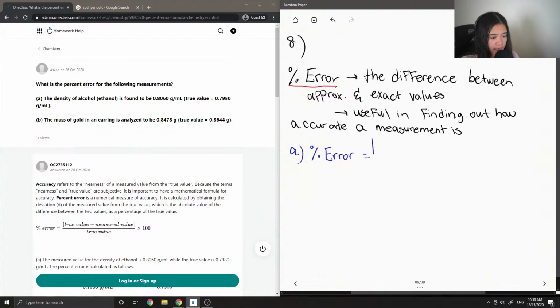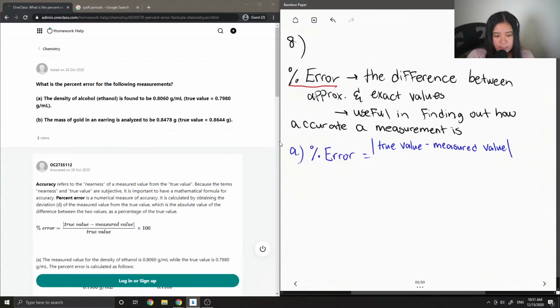This is the absolute value of the true value minus the measured value. These lines show that you're looking for the absolute value.